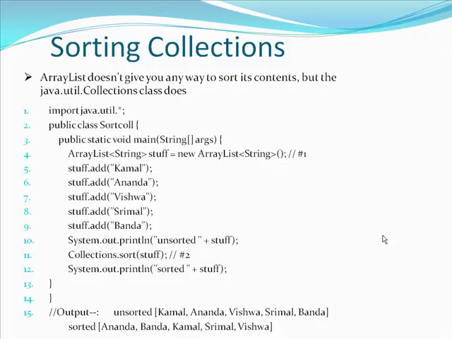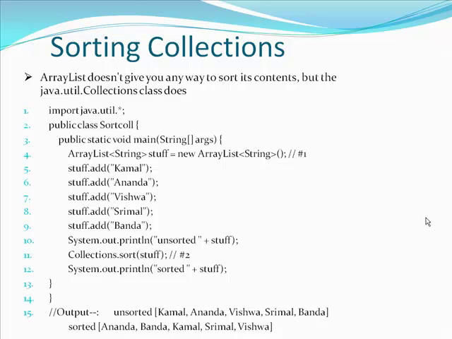After initializing the array, in lines number 5, 6, 7, 8, 9 we add 5 string objects called Kamal, Ananda, Vishwa, Srimal and Banda. In line number 10 we print the output as the unsorted array.